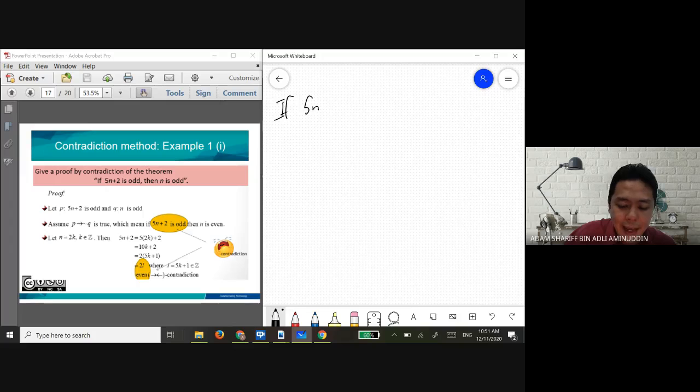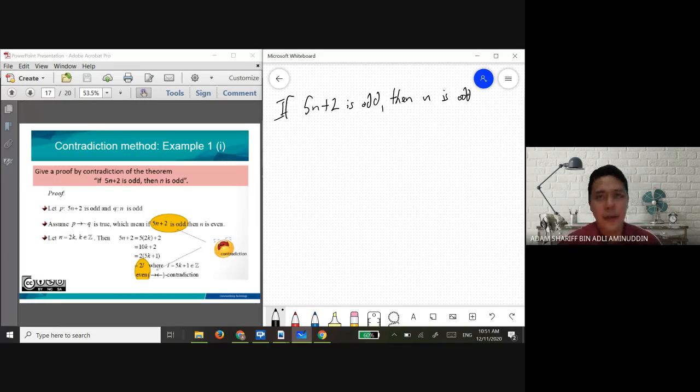If 5n plus 2 is odd, then n is odd. As the name implies, contradiction method. It's like a stubborn student who refused to accept the truth. He refused, for this kind of statement, to say that if 5n plus 2 is odd, then n is odd. Dia cakap tak.